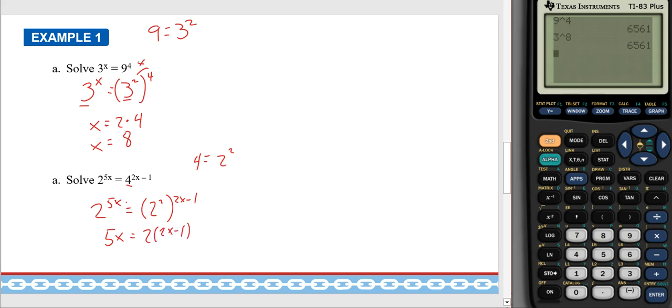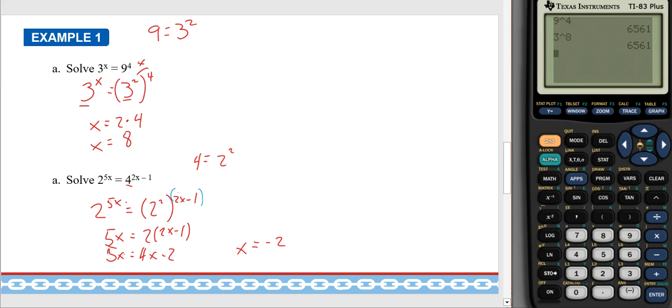Now it is important to put parentheses around the original exponent right here because we need to be sure to distribute everything out correctly. A common mistake is to not distribute all of this out. So 5x on this side is equal to 4x minus 2. If I subtract the 4x over, I get x equals negative 2.